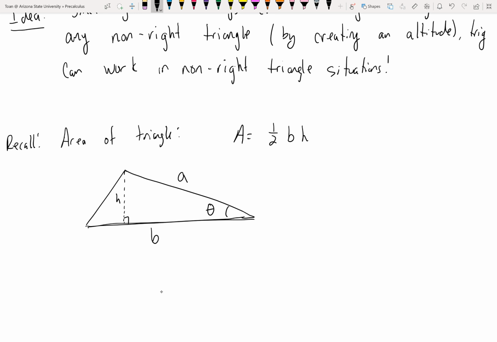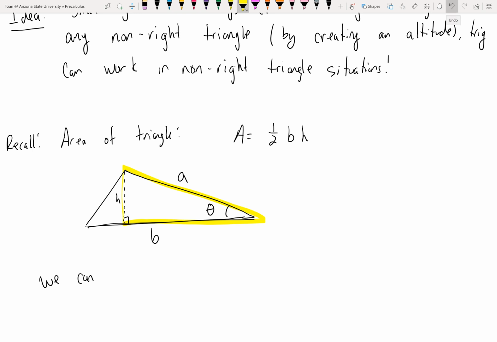So with this picture, I hope we can see, I'm just going to do SOHCAHTOA. Now, before, without the altitude, I could not do SOHCAHTOA because we didn't have a right triangle. But by dropping the height, dropping the altitude, we do have a right triangle. I'm going to specifically focus on this triangle here. I can do SOHCAHTOA on that picture.